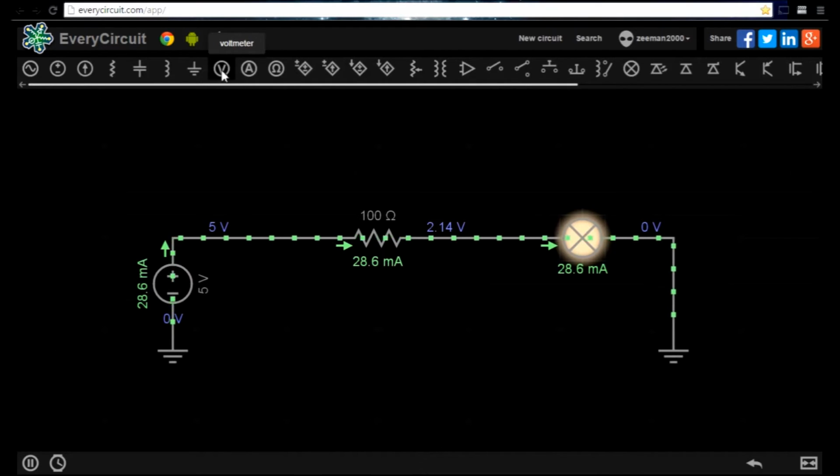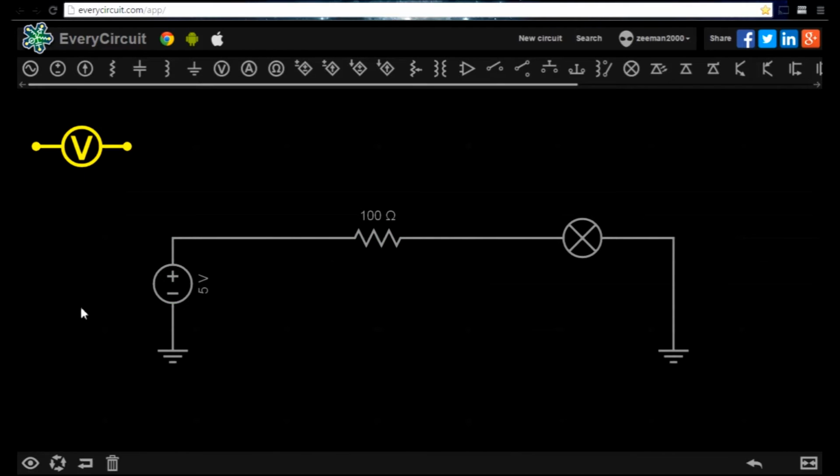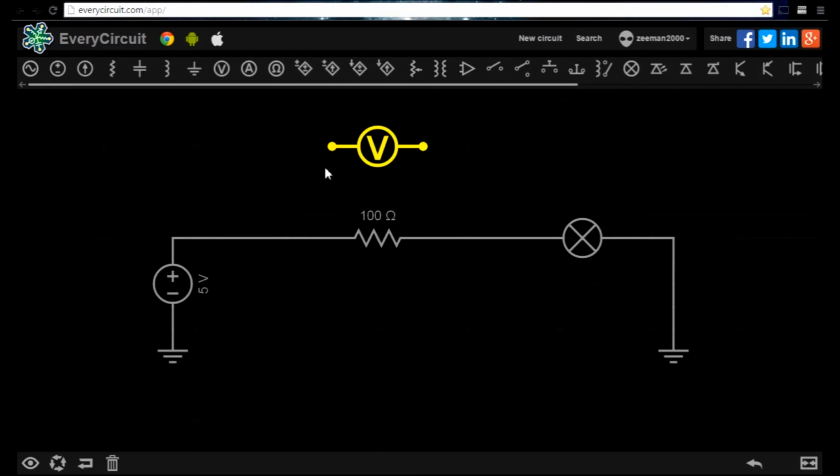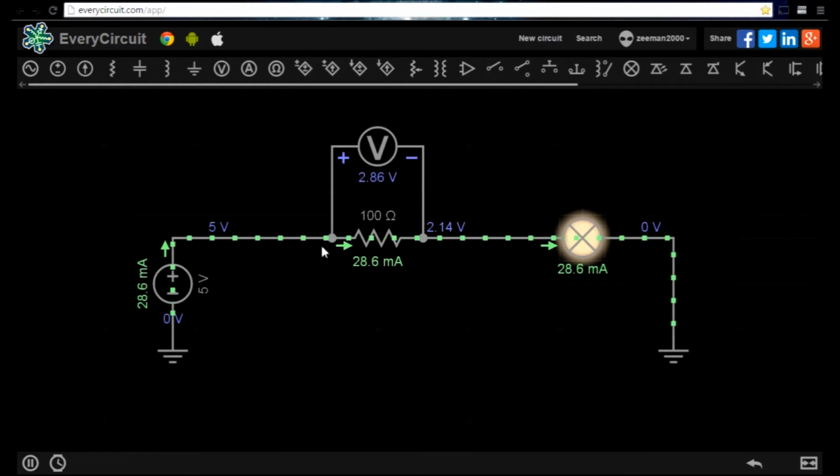We click the voltmeter icon and place it above the resistor. Then simply click either end of the voltmeter to connect it to either side of the resistor. When we play the simulation, the voltmeter reads that there is 2.86 volts running over the resistor.